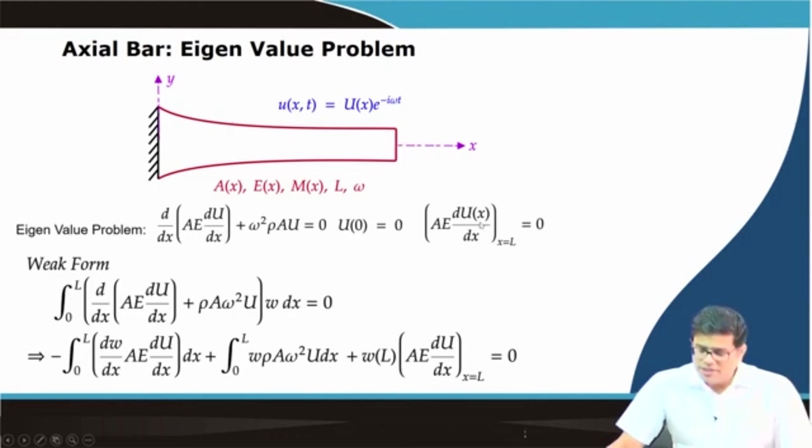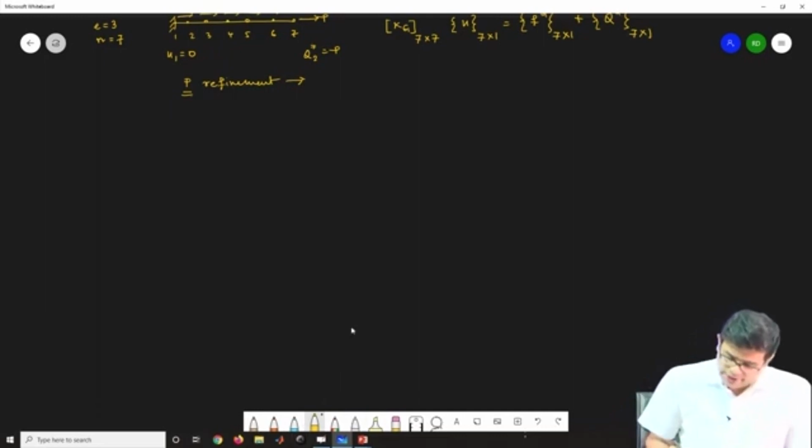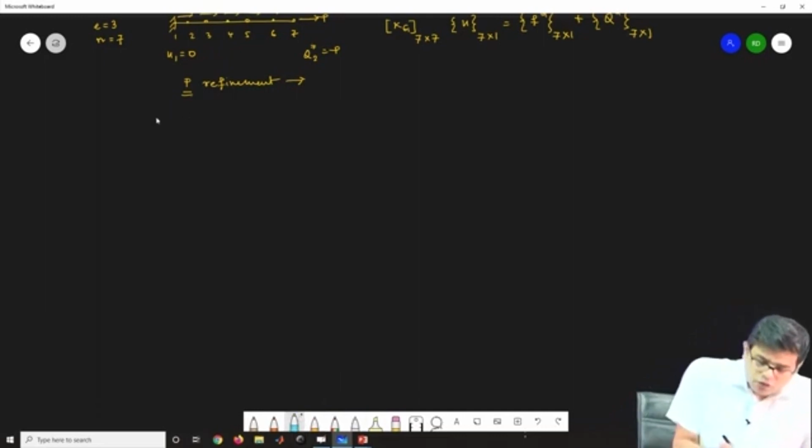So if I just substitute it here, then this quantity will go to 0. So let us now see what happens. So the eigenvalue problem.